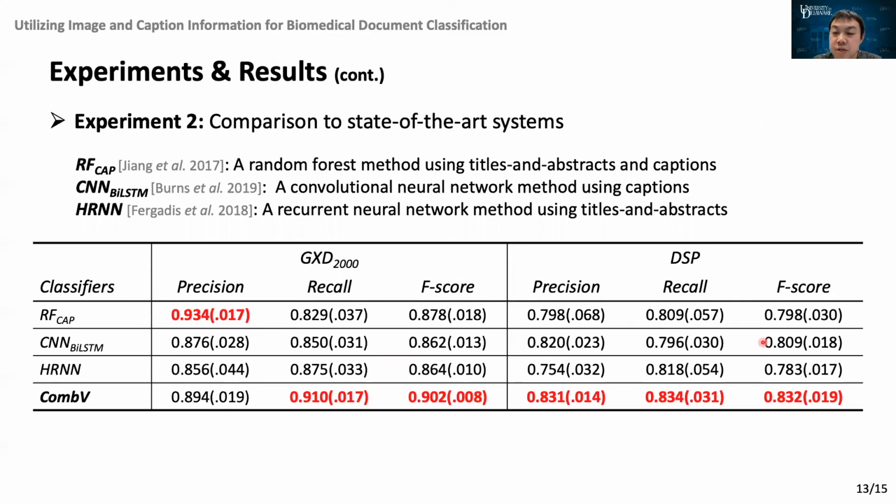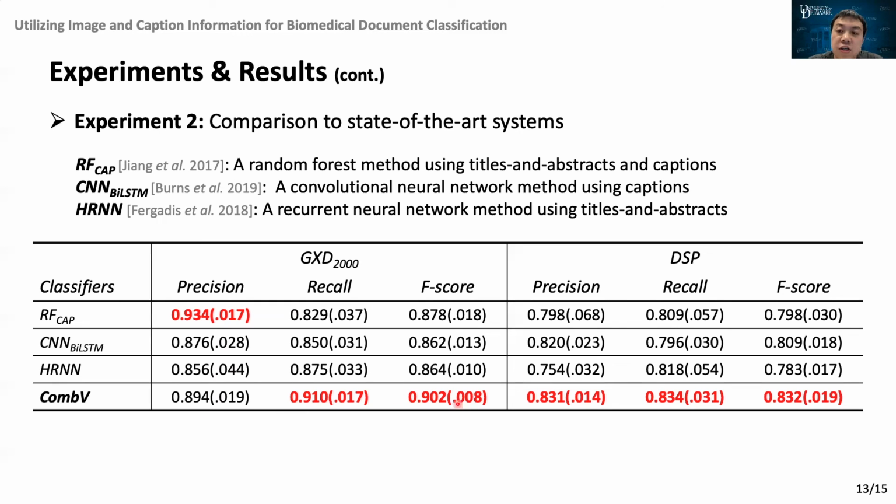In our second experiment, we compare our classification performance to the performance attained by three state-of-the-art systems. Over the GXD 2000 dataset, while the precision attained by our classifier is slightly lower than that obtained by the RF-CAP method, our classifier combine V attained the highest recall and the highest F-score.